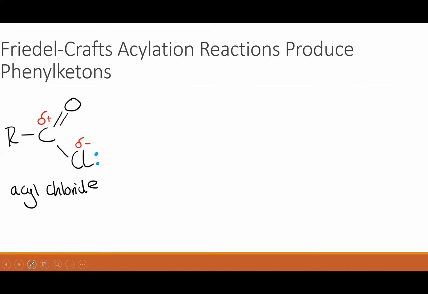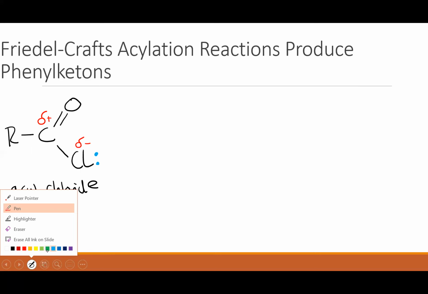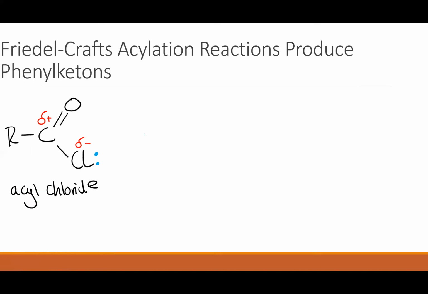And let's add on our halogen carrier now. So let's add it in here. We've got AlCl3, and that is our halogen carrier, which is a catalyst. So our AlCl3 accepts that lone pair of electrons from the acyl chloride.